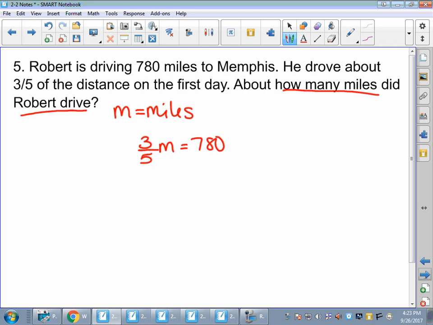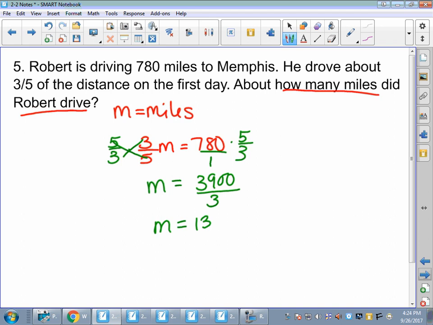If I'm multiplying by 3/5, to solve this, I can multiply by 5/3, multiply by 5/3, and 780, if I make it a fraction, times 5, numerator times numerator is 3,900. 1 times 3 is 3. The miles total will be 1,300.